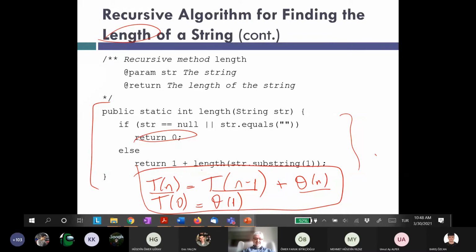If the string is null, we perform this operation and return 0. And the running time will be constant time, constant time, constant time. The total is constant time, and it is in here, right? If the size is 0, the running time is constant time. Is it clear? So this is how we form this recurrence relation. Any questions so far?